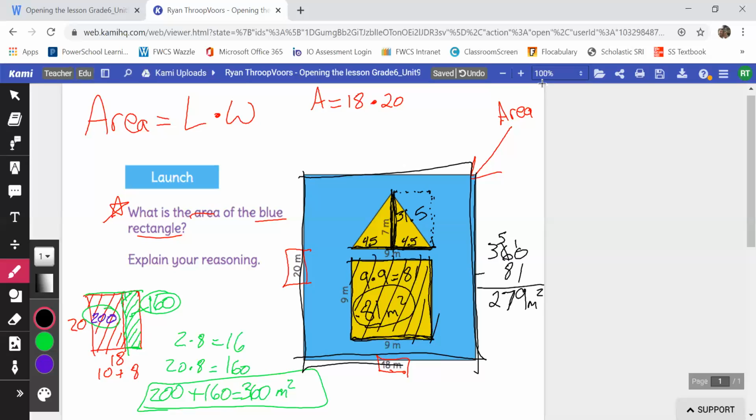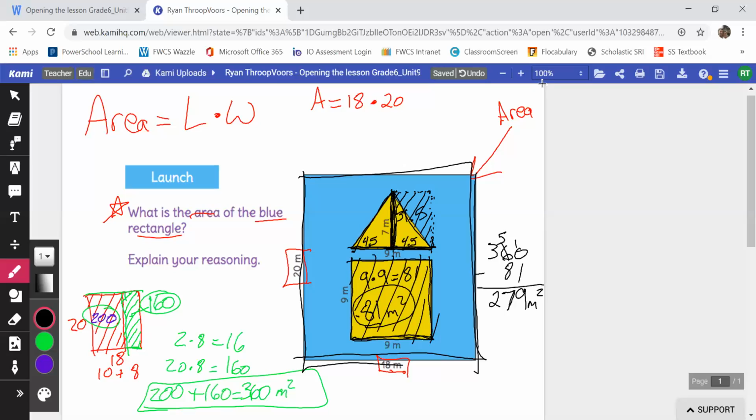Well, I know that if I take this triangle, that would fill in this space here because it's the same shape, same dimensions. And so truly, I can take my rectangle and just figure out what 9 times 7 is. And of course, 9 times 7 is 63.